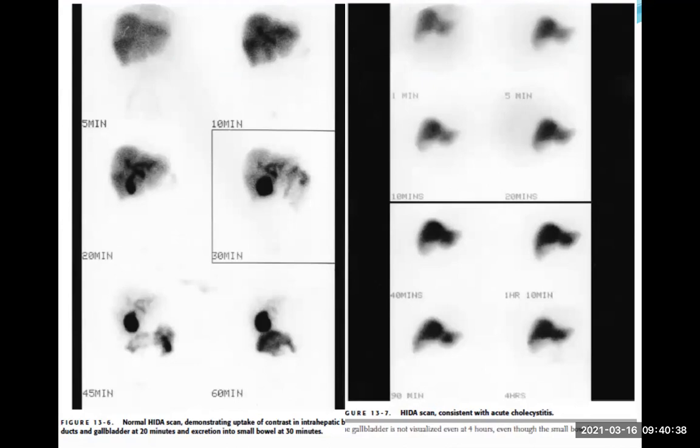What is the difference? In a normal person, we can clearly see the whole anatomy of the biliary channel. It is nicely excreted there. Then the biliary duct is also seen here, and this is the image of the gallbladder.